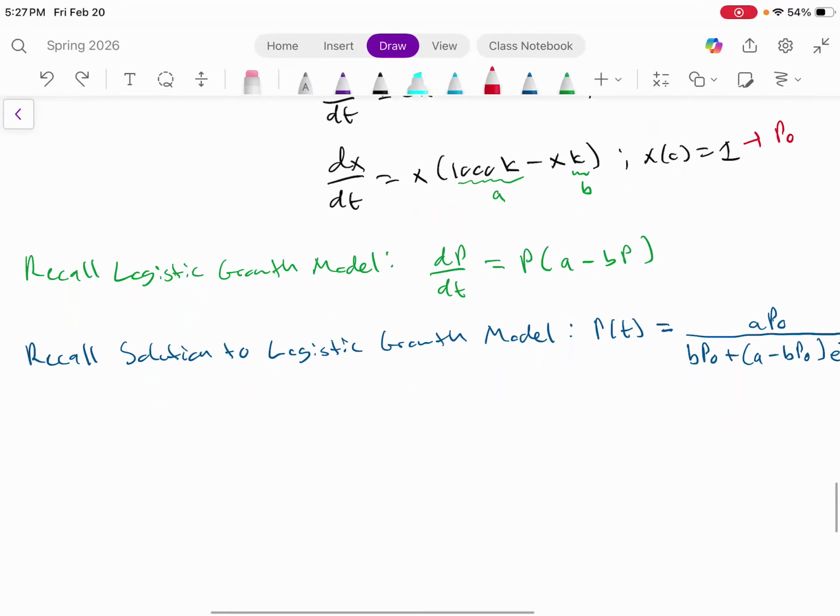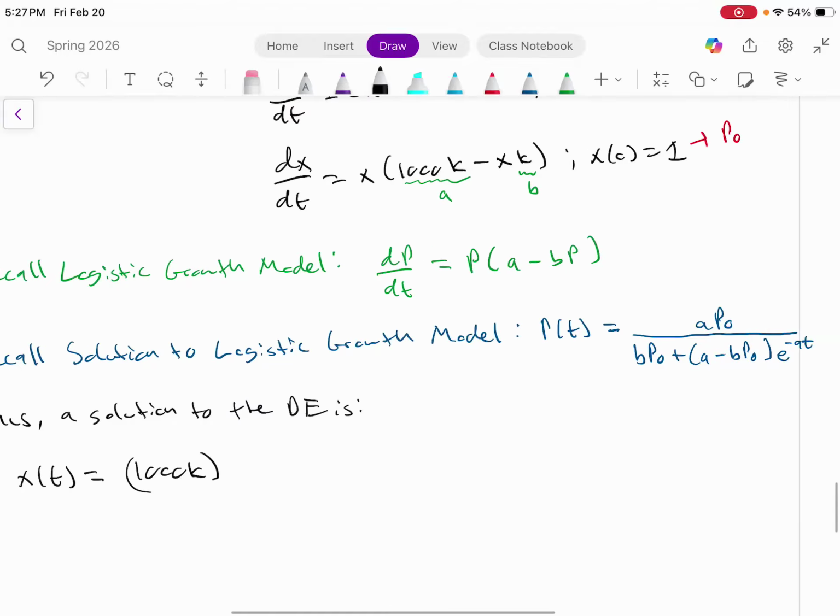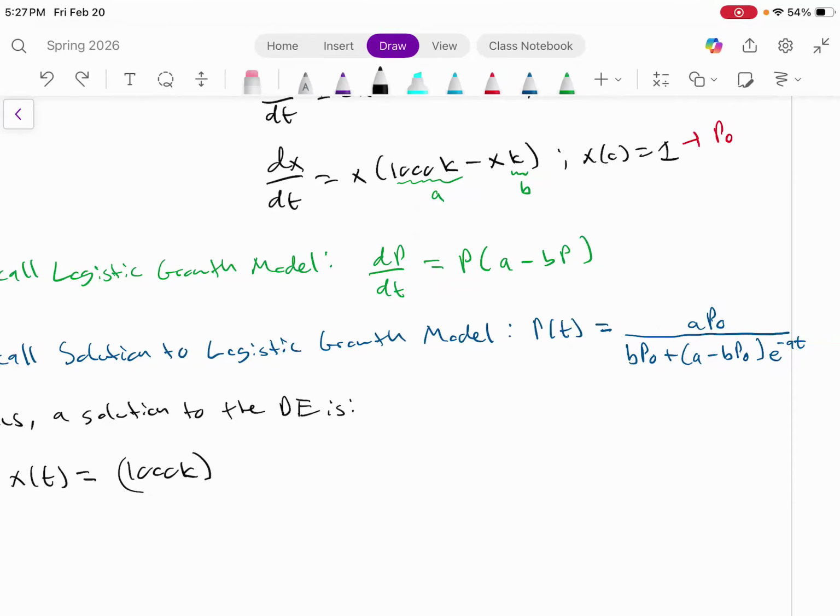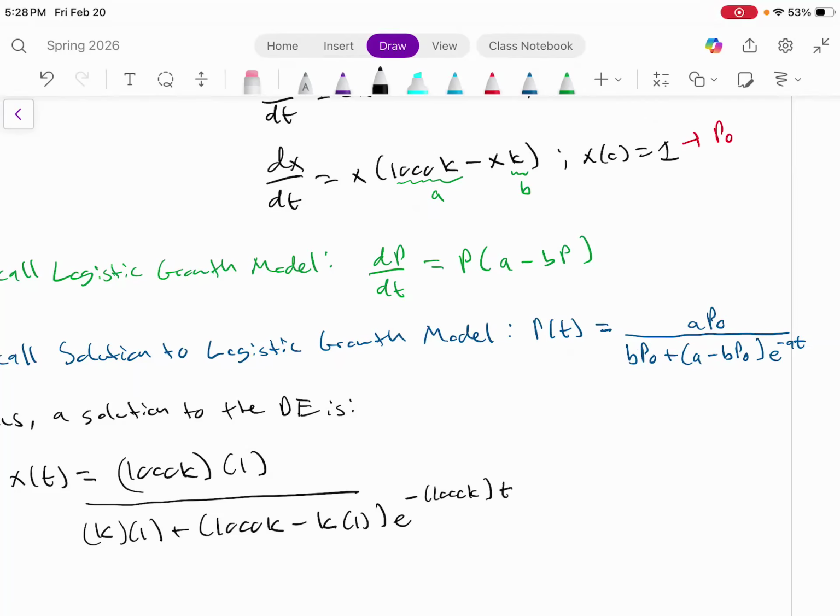Thus, the solution to this differential equation of spread of disease is x of t equals 1000 K times 1, just literally plugging it in, over K times 1 plus 1000 K minus K times 1 e to the negative 1000 K t.